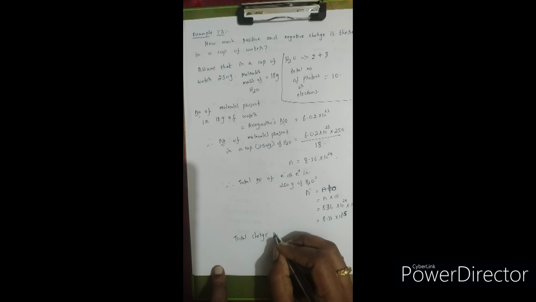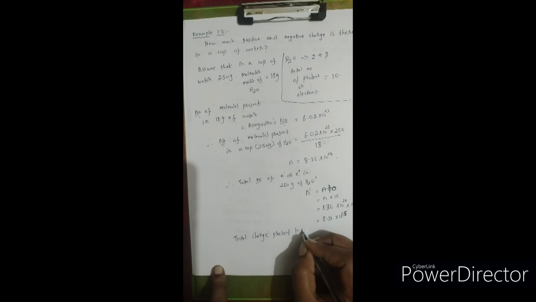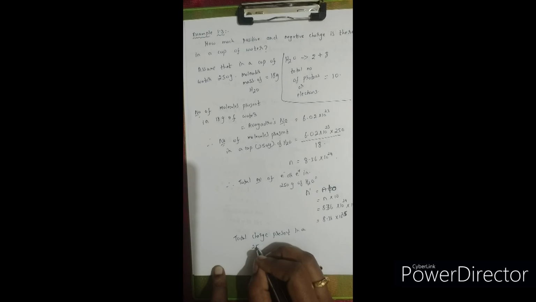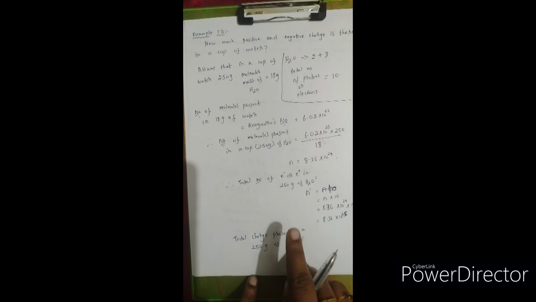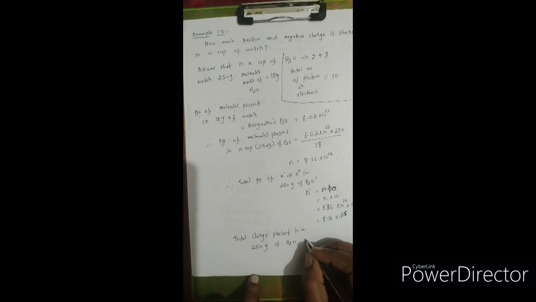Okay, so therefore the total charge present in 250 gram of water, right? 250 gram means a cup of water, right? So that is Q will be equal to what? N dash into e.